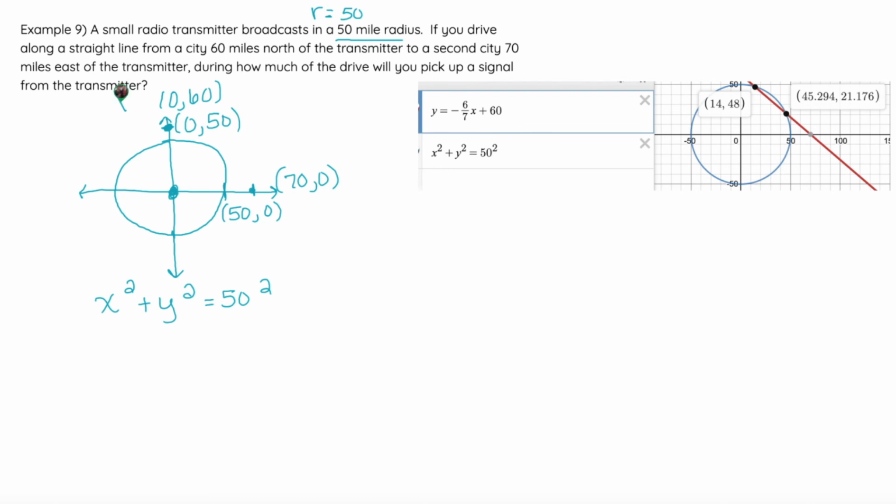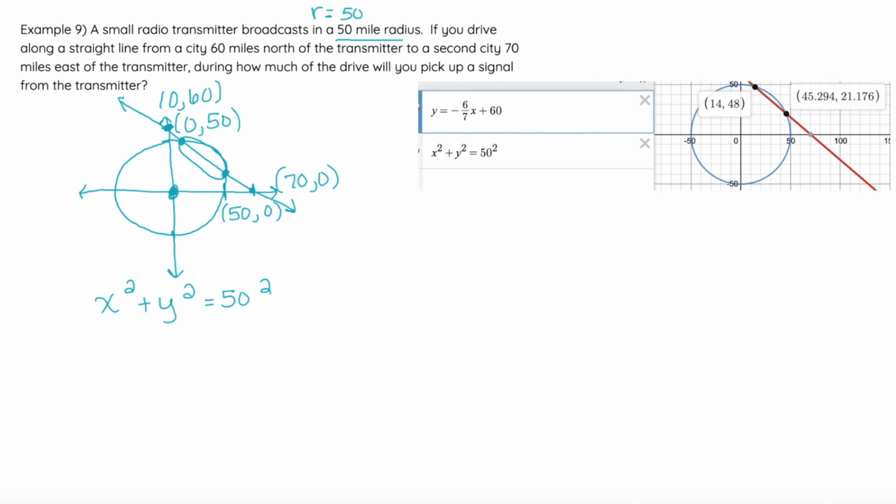Something like this. How much of the drive, so from here to here, we want to know what this distance is, will we pick up the signal from the transmitter?